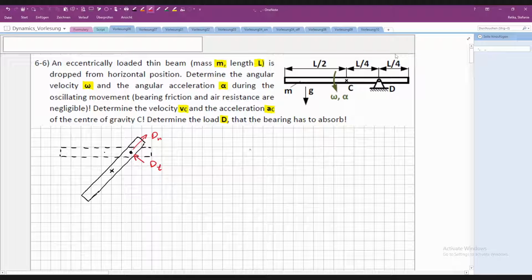You could also draw the support reactions in horizontal and vertical direction. This would also be correct. Okay. Then what else do we have? We have to consider gravity due to the mass of the beam, mg.